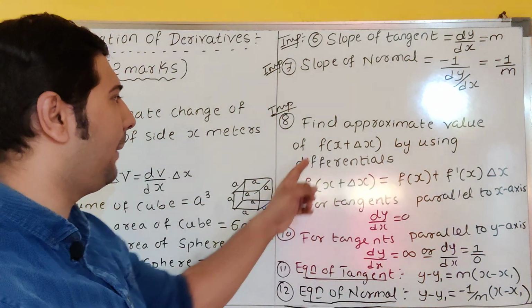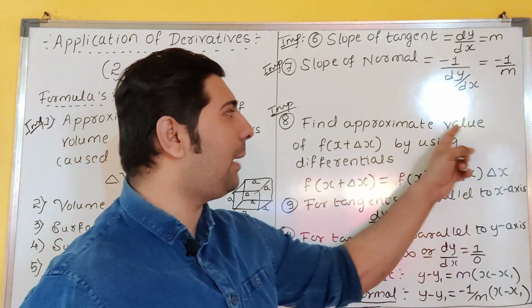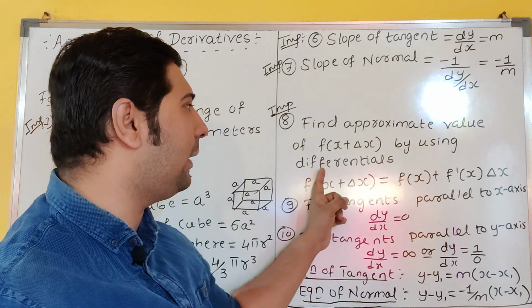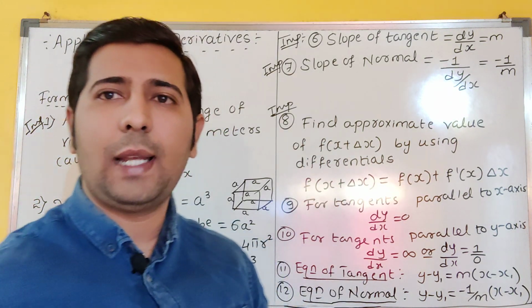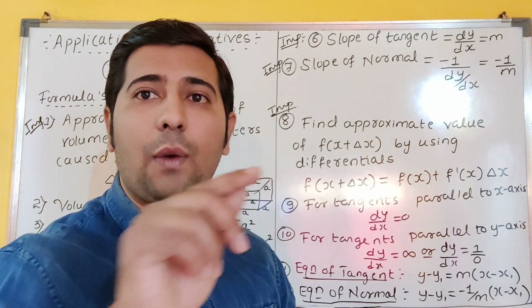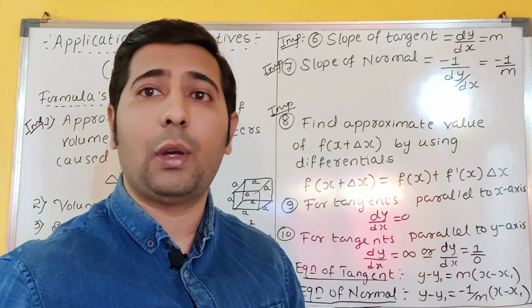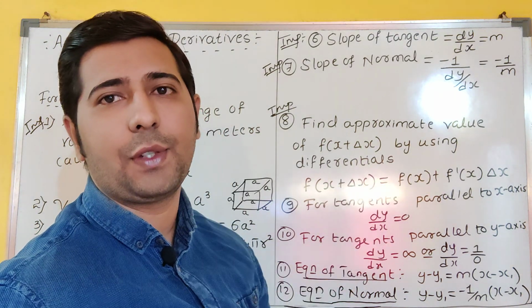So next one you will see. Find the approximate value of f of x plus delta x by using differentials. They will ask, dear students, square root of 49.5 or square root of 25.3, square root of 36.6 by using differentials.